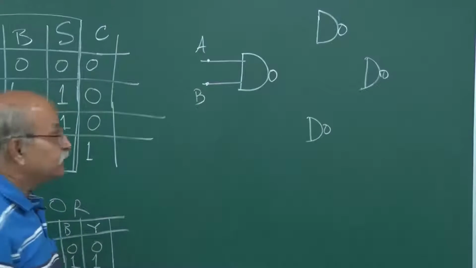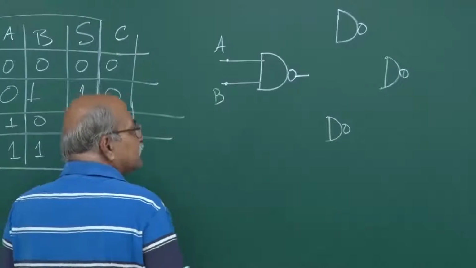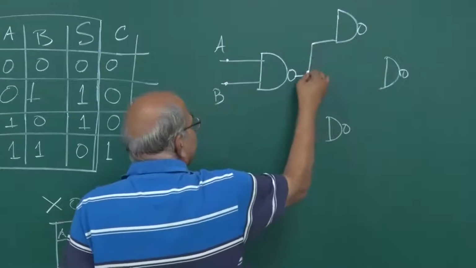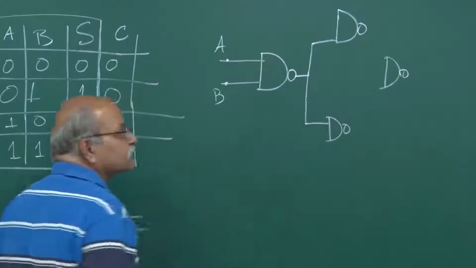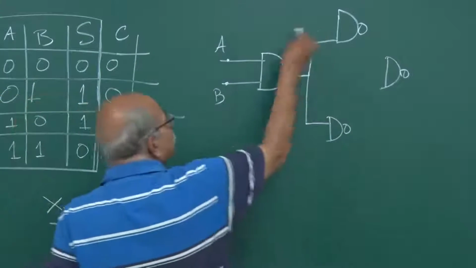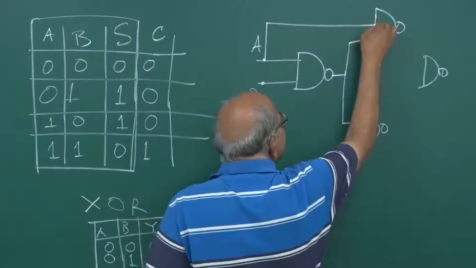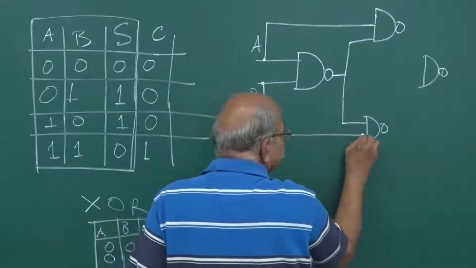Okay, then output of this first NAND gate goes as an input here and that also goes as input here, one of the 2 inputs. And then the second input comes from this A point itself. So this goes here and then from B this goes here.